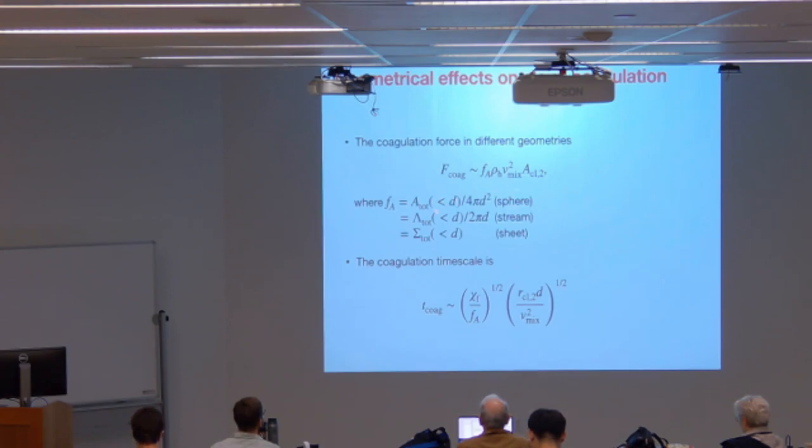Here, A total is the total area within D, and lambda is the total surface area per unit length, and this is the total surface area in the unit surface. We can also estimate the coagulation timescale similar to the free-fall timescale. Basically, a higher SA gives a higher coagulation force and a shorter coagulation timescale.